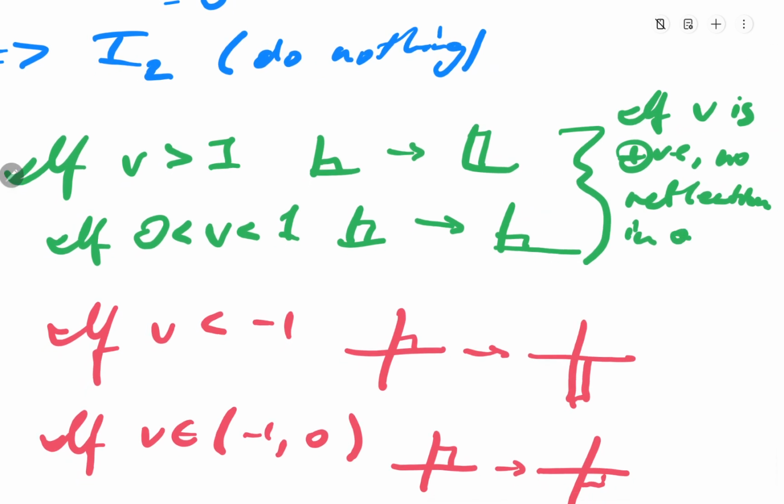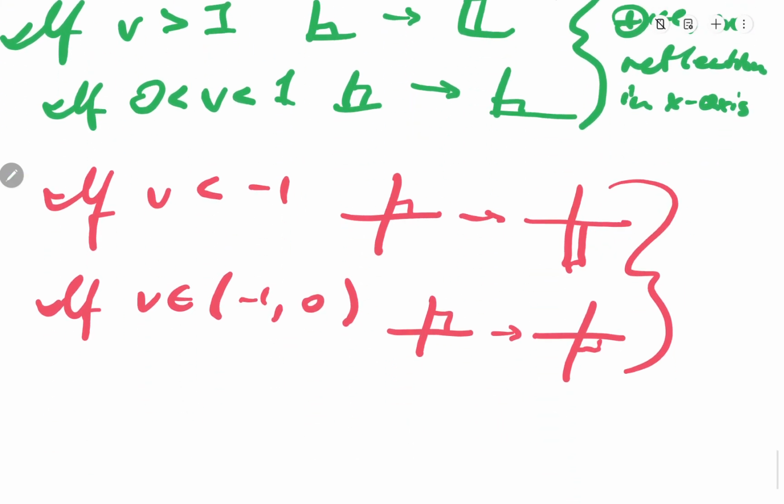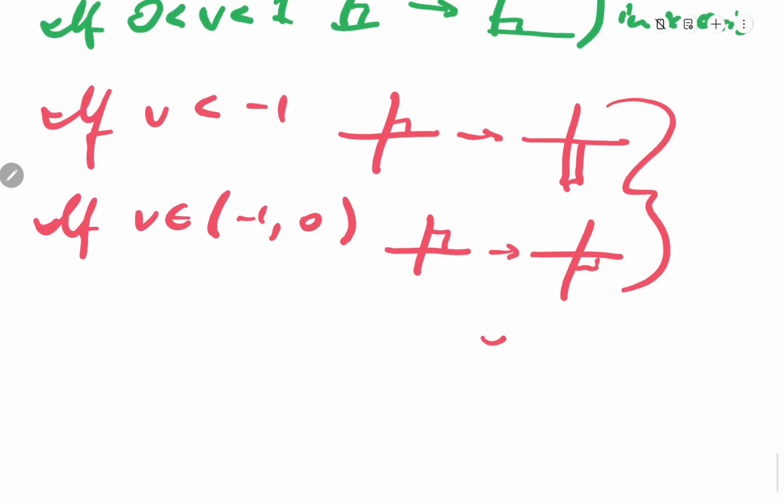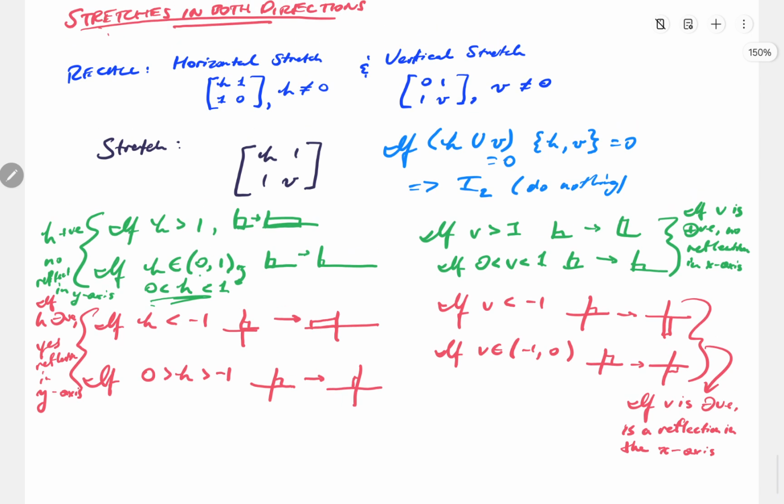In the x-axis, and then if v is negative, then there is a reflection in the x-axis. So it's like a vertical reflection through the x-axis. Let's see if that fits. That does fit.